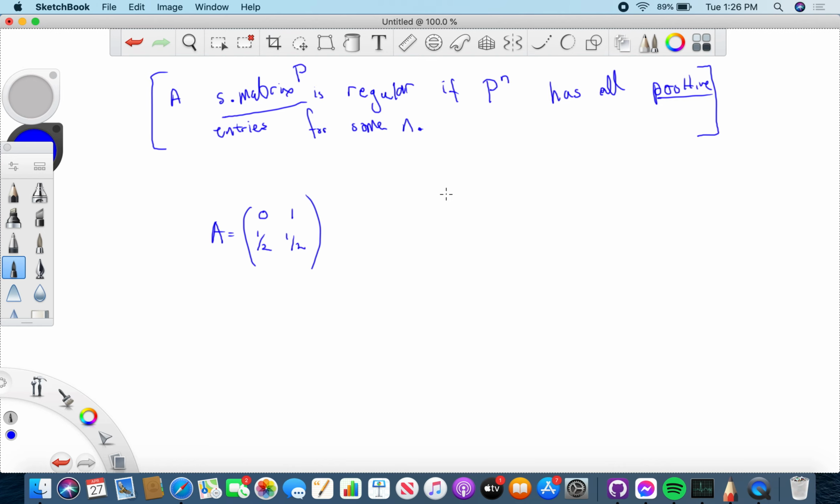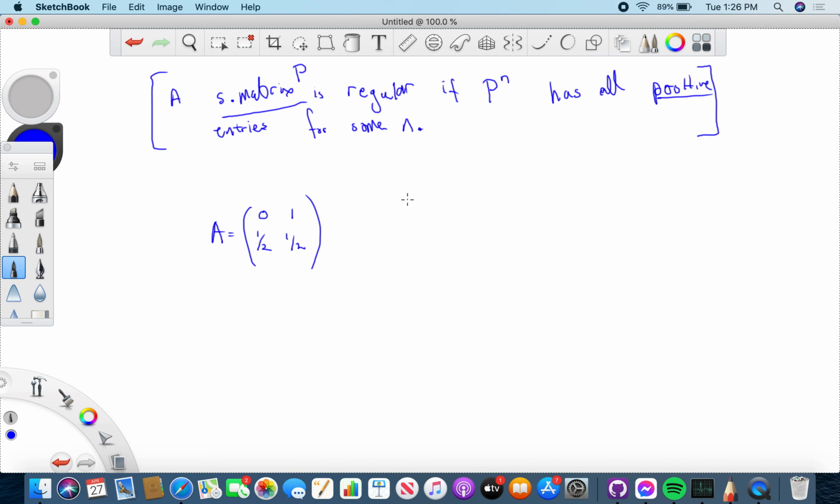Okay, so now we're going to check if it is a regular matrix. If you're very familiar with matrix algebra, you can often just tell if it is a regular matrix.